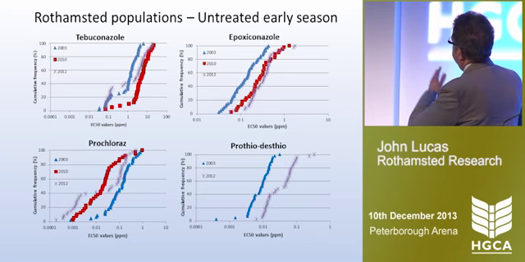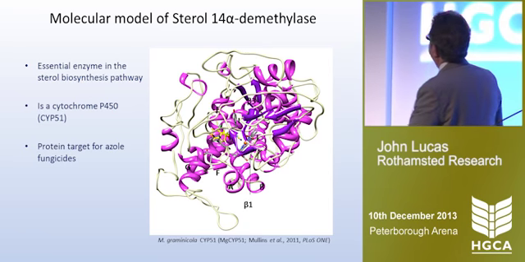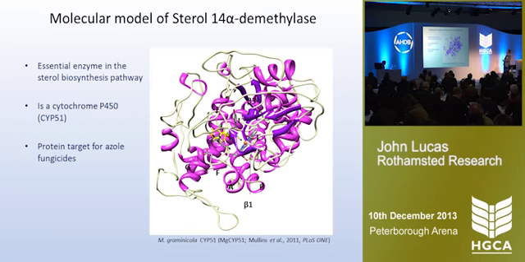Now, here's my protein model that I thought I'd include just for interest's sake, the sort of spaghetti version. The reason this is important is to understand what's happened to azoles, we really need to know a bit about the target site. The target site is this enzyme called Sterol 14-alpha demethylase.